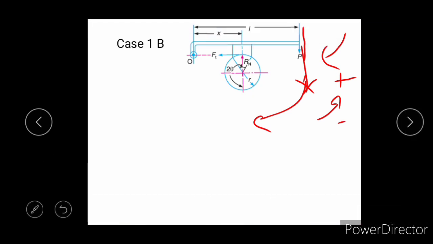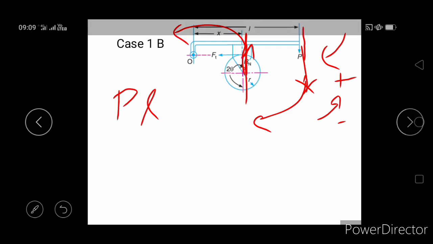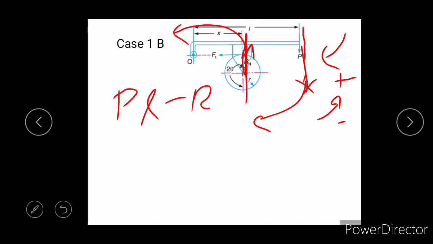So we write P into L. Now the other force is Rn, in upward direction. The line of action of Rn passes through the center of the wheel, and the distance from the center of the wheel to the fulcrum is x. So Rn into x in anti-clockwise direction, so minus Rn into x.